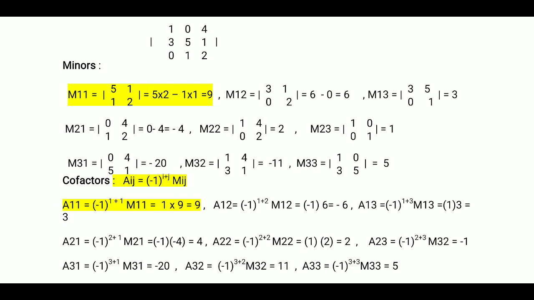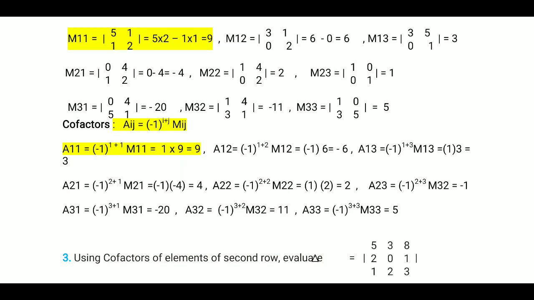A13 will be equal to minus 1 power 1 plus 3, M13, and minus 1 power 4 will give you plus 1, and M13 from above is 3. So 1 into 3, 3 is the cofactor. And in this manner we can get the cofactors of each element of the determinant.